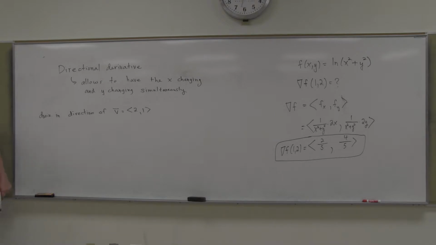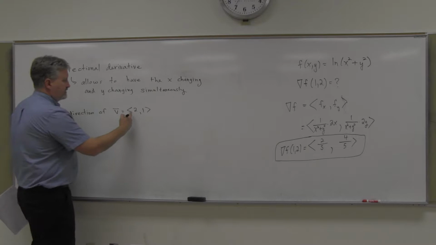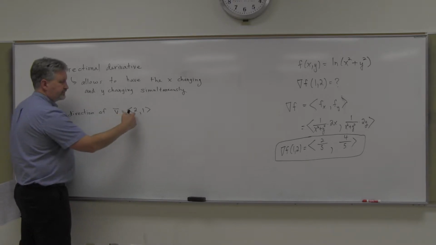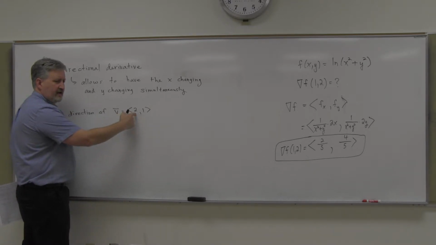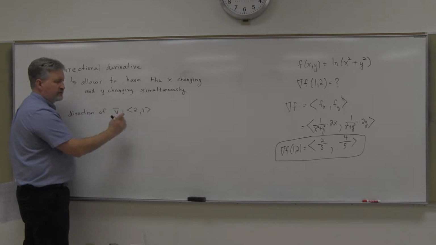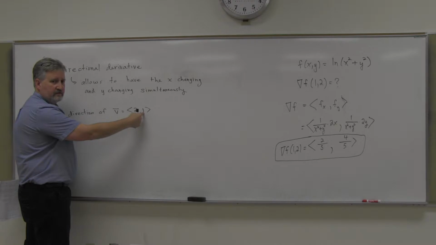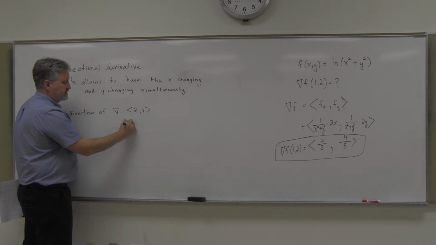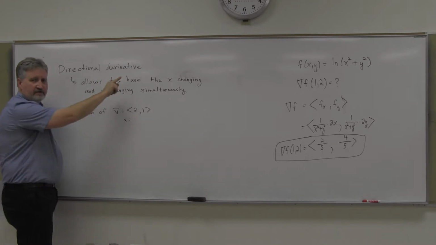Well, basically that means my x component here is 2, and so my x is changing 2 for every 1 of y. See what I'm doing there? So that's giving me a direction, right?